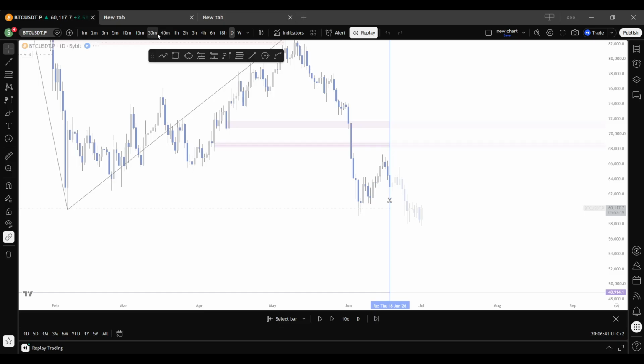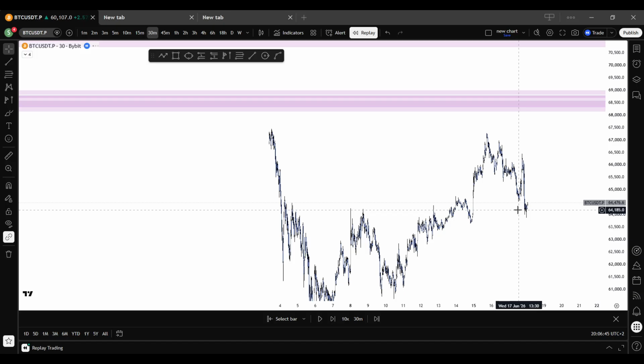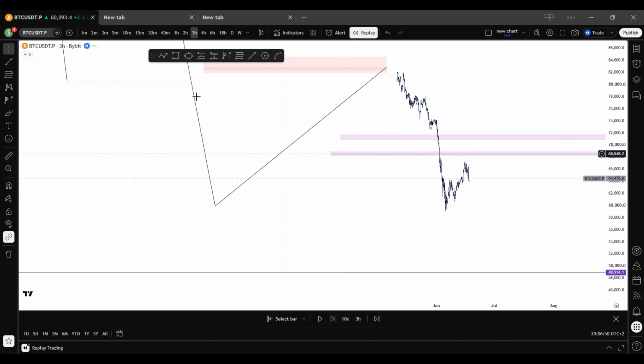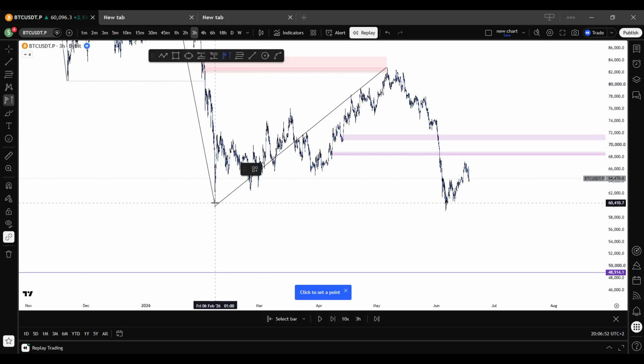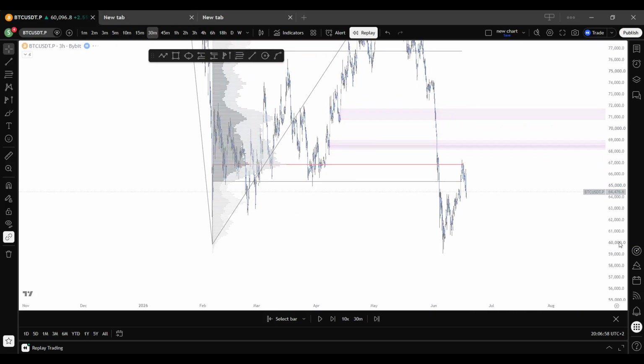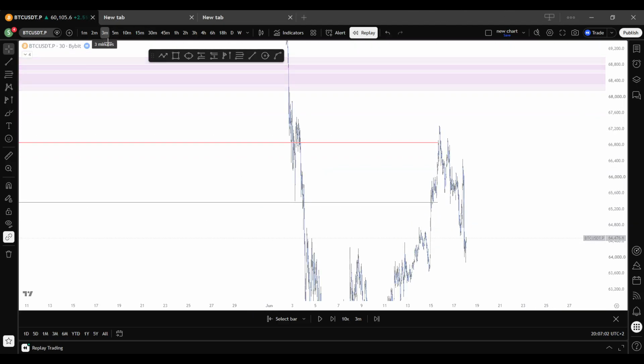And we can see, wait, it was kind of stupid that I removed it. But yeah, basically you guys can see that we're perfectly rejected from it. And I was waiting for a Wyckoff model.